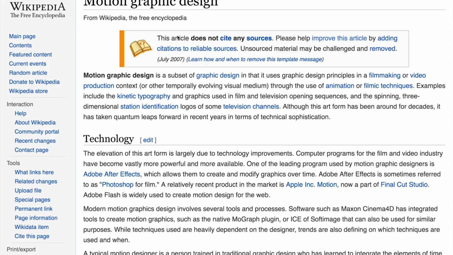So I went on Wikipedia. There is a description in here that I really like. First of all, motion graphic design is a subset of graphic design, and it uses graphic design principles. It's particularly used in filmmaking or video production, through the use of animations and film techniques. Kinetic typography is quite cool.